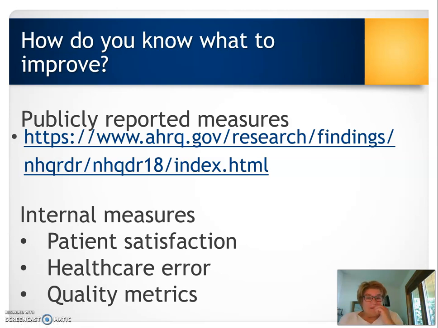So how do you know what to improve? The publicly reported measures, and think back again to the governance dashboard. So typically an organization will look at all of the things that need to be reported, including patient satisfaction, healthcare error, quality metrics, and decide on improvement activities.